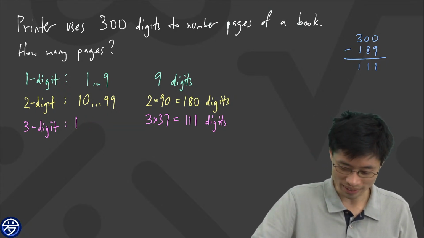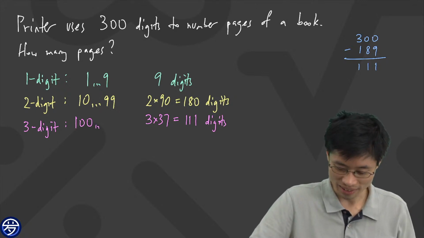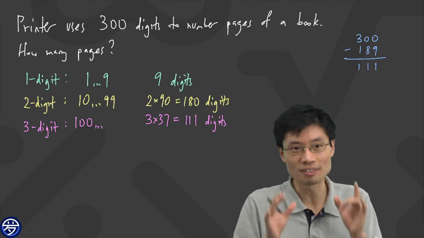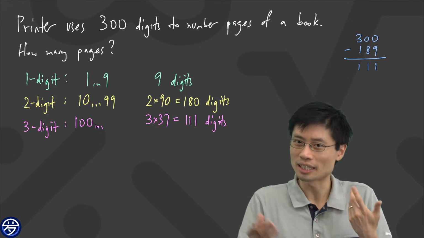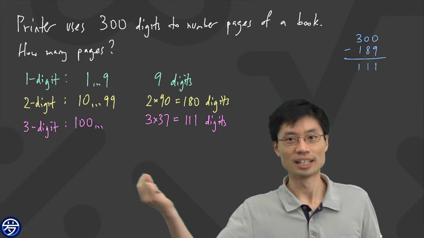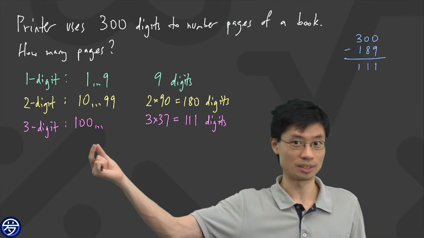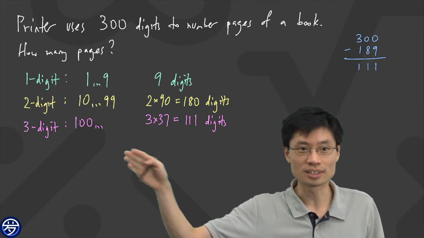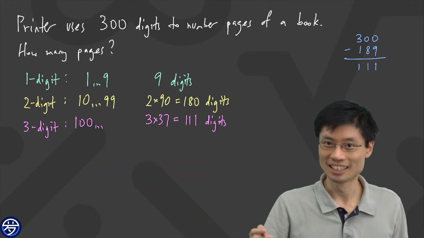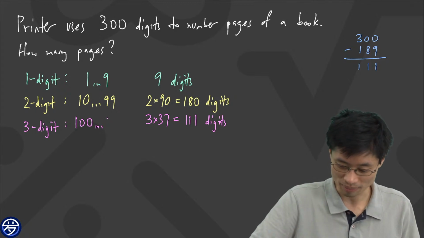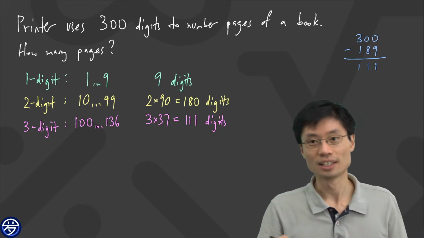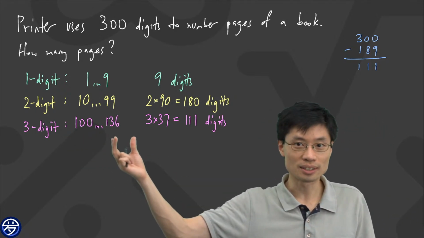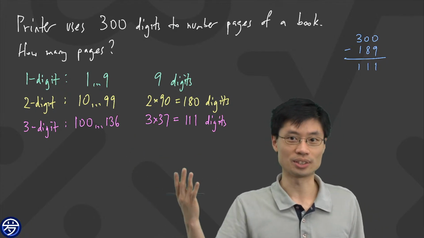Oh, that's so annoying. 100. Now, if I want 37 of these, it's as if you were counting starting from 0. If you count starting from 0 and you want 37 things, you have to stop at 36. Does that make sense? So that's where you got to be careful. 136, right? Because from 100 to 136, that's like from 0 to 36.